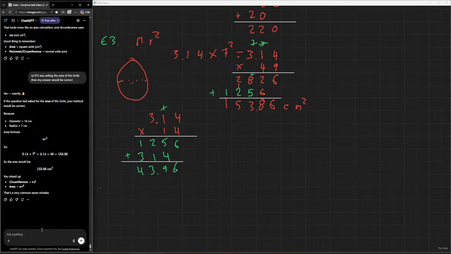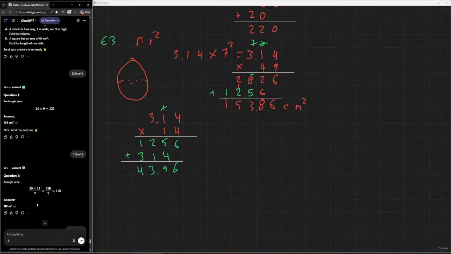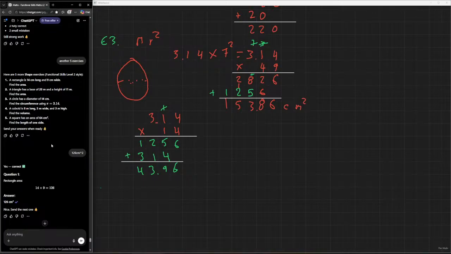Okay, so yeah, like I said, this is where it happens. The circumference is the around, and it was asking the around of the circle. So this is how we're gonna do it, because I don't want to copy and paste all the time here.